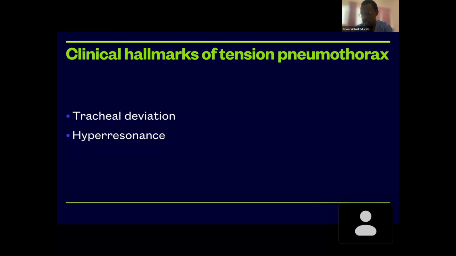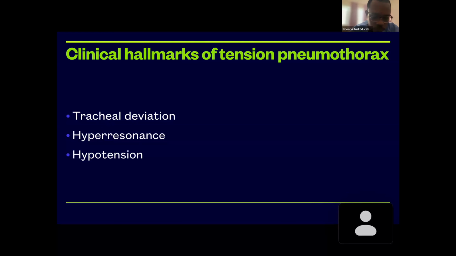Sure, raised JVP is linked to tension pneumothorax too, but it may be less specific. So hypotension is very important. Reduced chest expansion, yes, maybe also.